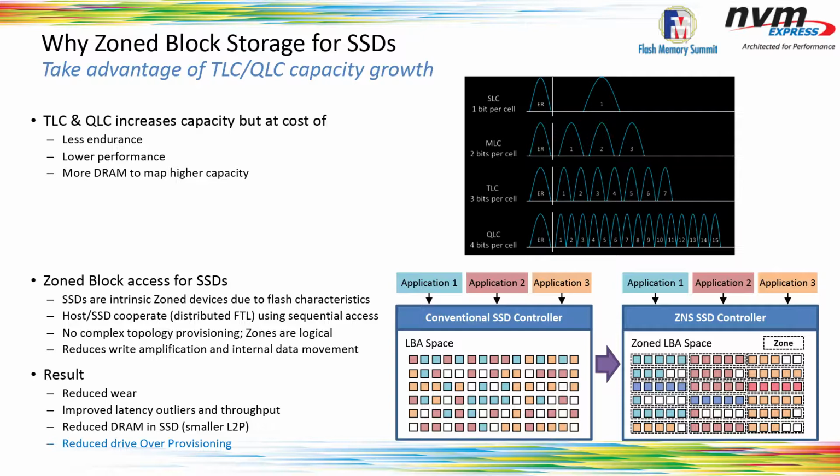And so you buy capacity, but you get lower endurance, lower performance, and also you get more DRAM in the SSD because as the capacity explodes, the logical to physical mapping tables just get bigger. So when you're talking about multi-terabyte drives, the DRAM component in an SSD gets big.